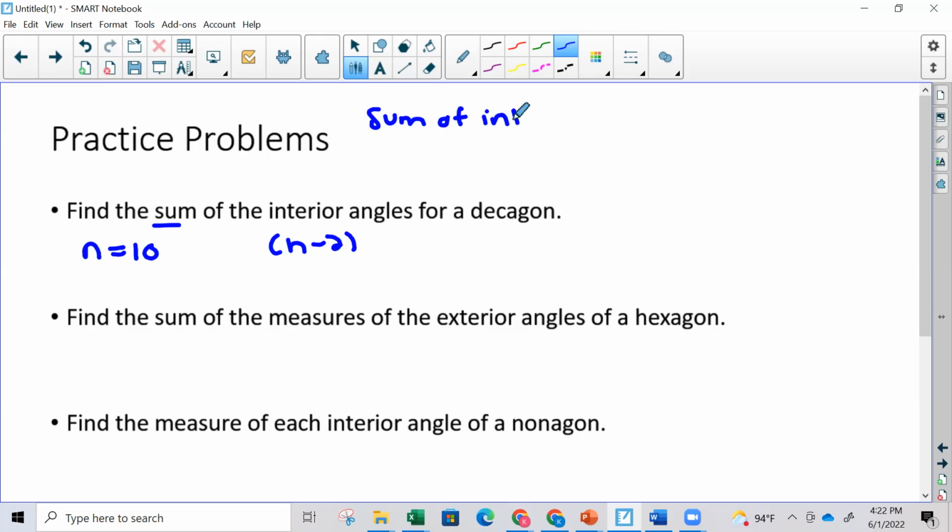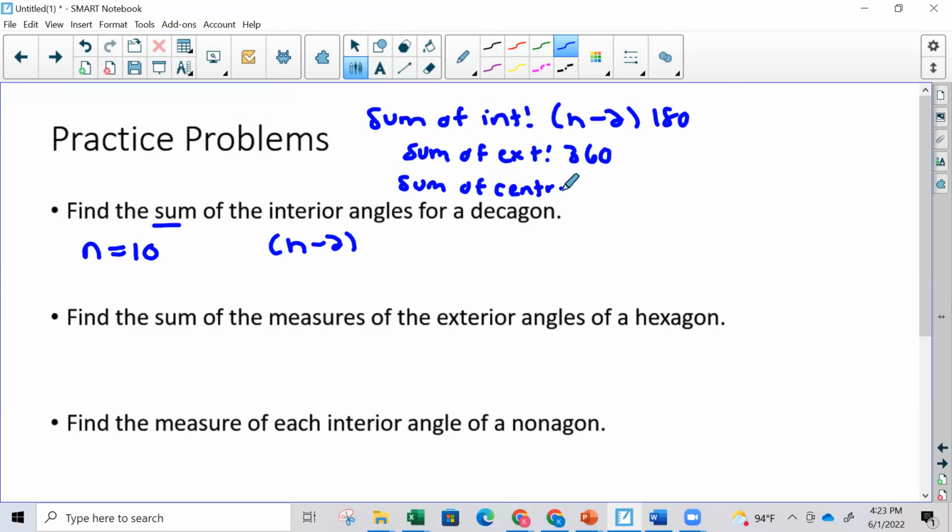The sum of the interior is n minus 2 times 180. The sum of the exterior always adds up to 360. And the same with the sum of the central, it is 360. So we would do 10 minus 2 times 180. So 8 times 180, which is 1440.